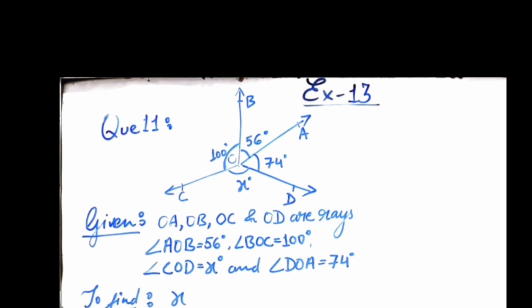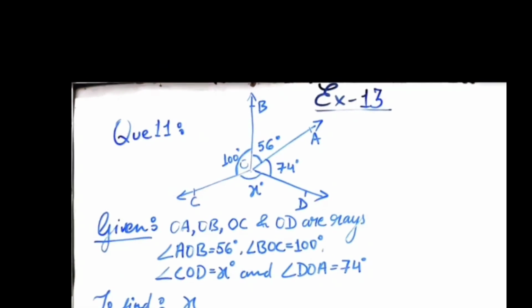Now we'll put the values of these angles: in place of angle AOB we'll write 56 degrees, angle BOC 100 degrees, angle COD x degrees, and angle DOA 74 degrees, equal to 360 degrees. Now we will add all these three. These can be added. x is a variable, so it cannot be added. We will write it with the plus sign only first.